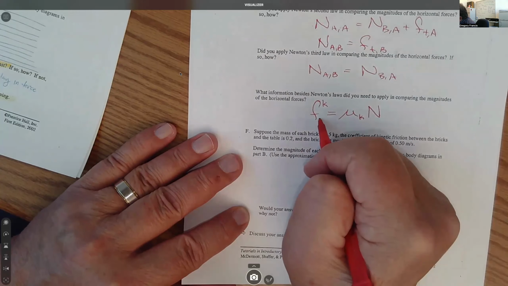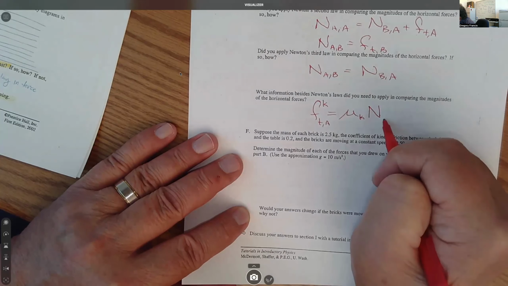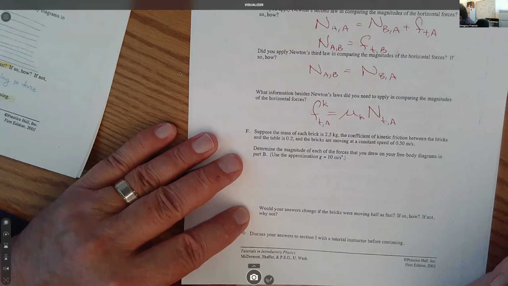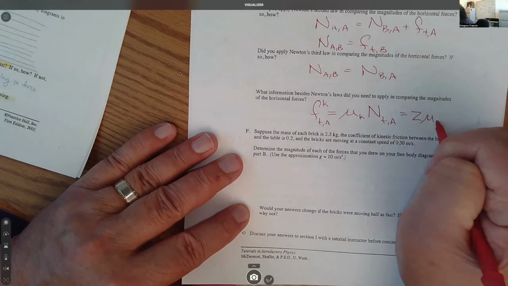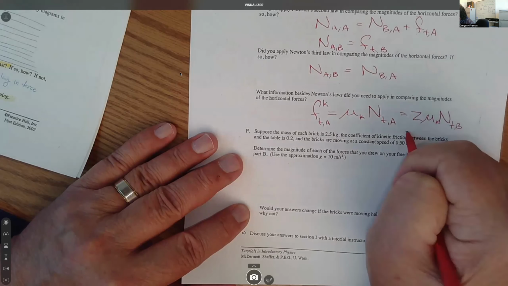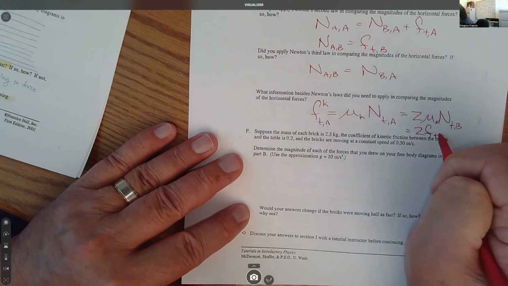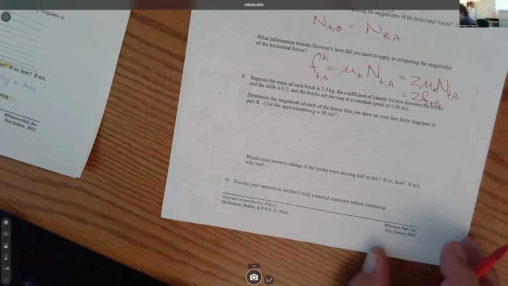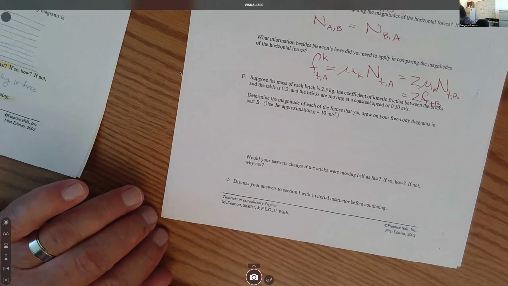And if I want the friction by the table on A, I need the normal force by the table on A. And that's going to equal twice mu sub k times the normal of the table on B, which is going to be twice the friction by the table on B. So in other words, the stack of two bricks, since it's got twice the normal force, will have twice the friction.